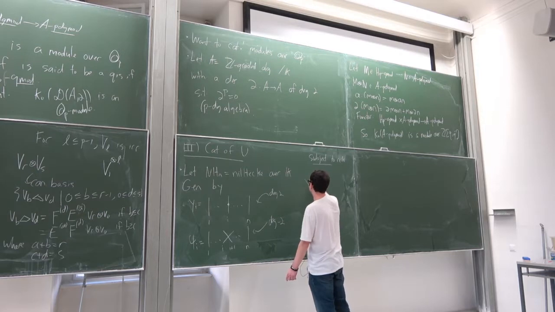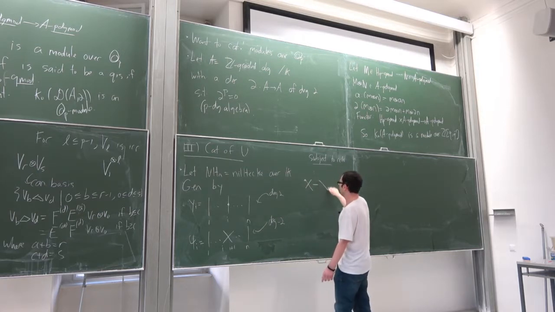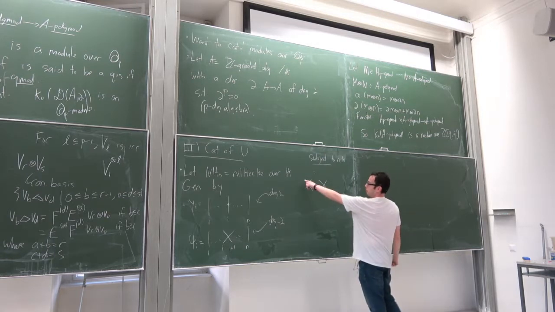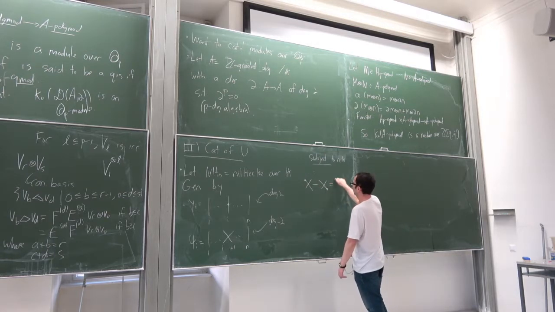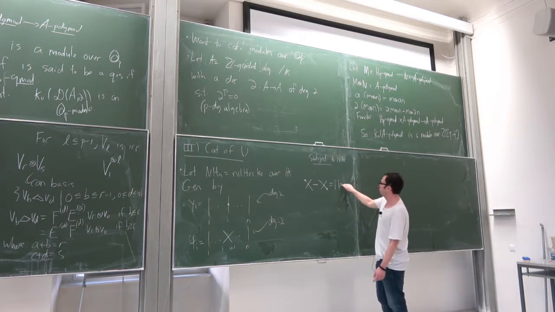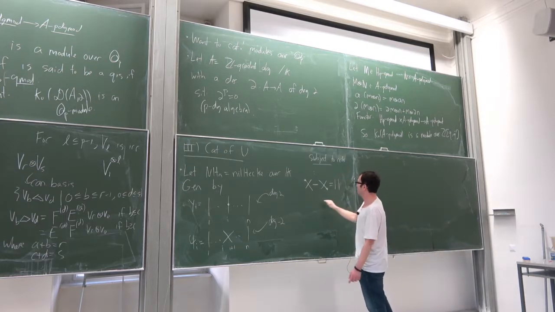I'm describing the relations locally. So a dot up here minus a dot here is equal to 1, which is the same thing as a dot here minus a dot here.